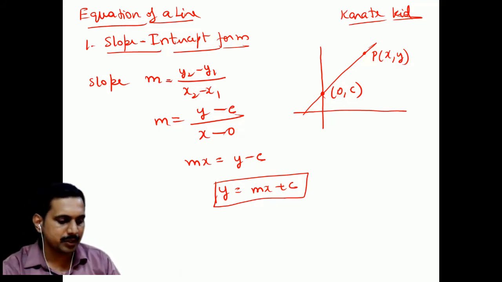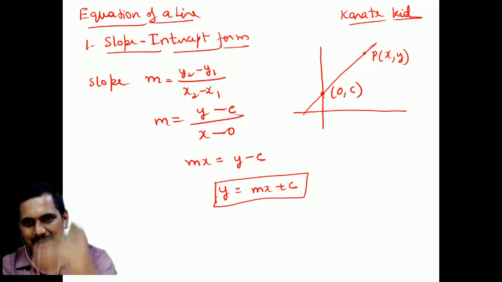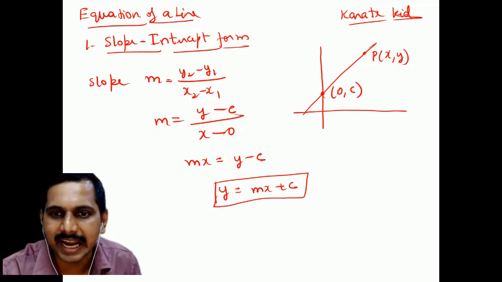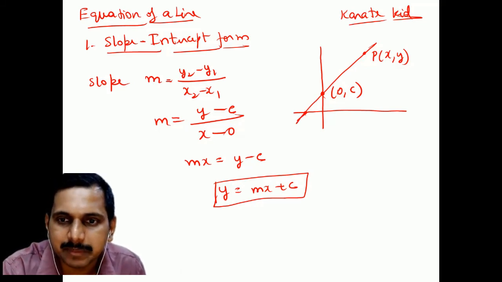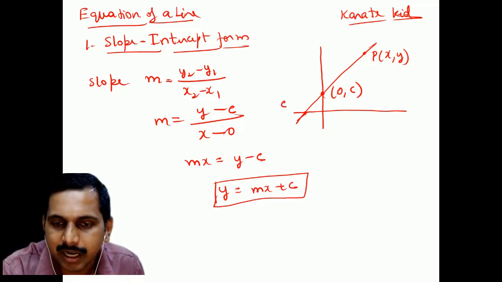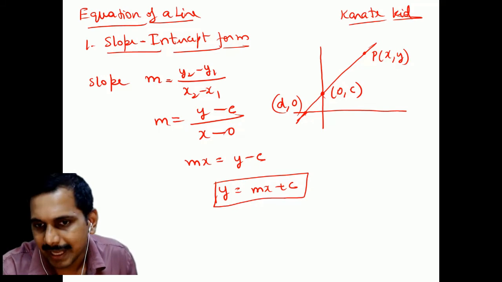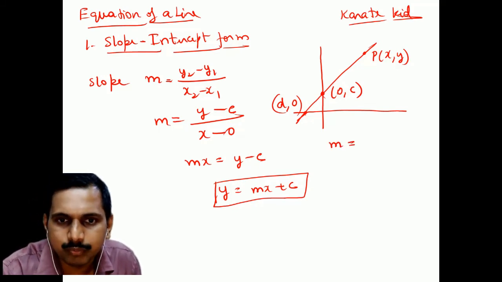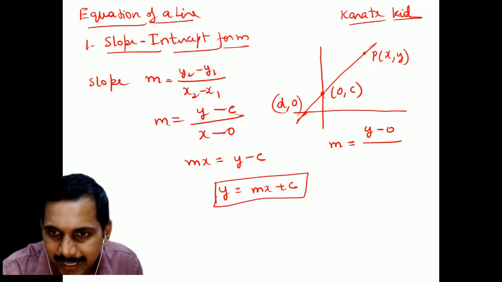I hope it is clear, students. Any doubts here? Slope intercept form comes from here, basics. Now in case the slope here was given, and the intercept was, say, d instead of c. I will say d comma 0 was the intercept. Then how will it be? m would be equal to y minus 0 divided by x minus d, correct?